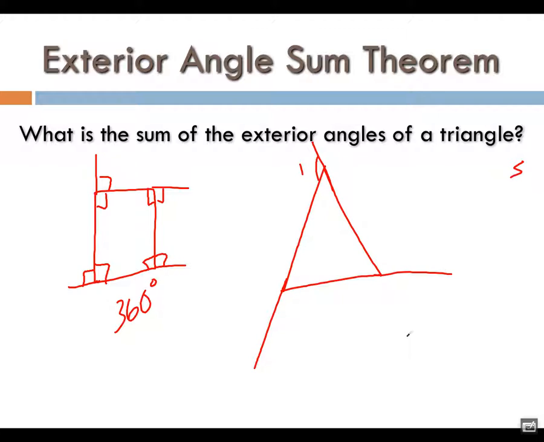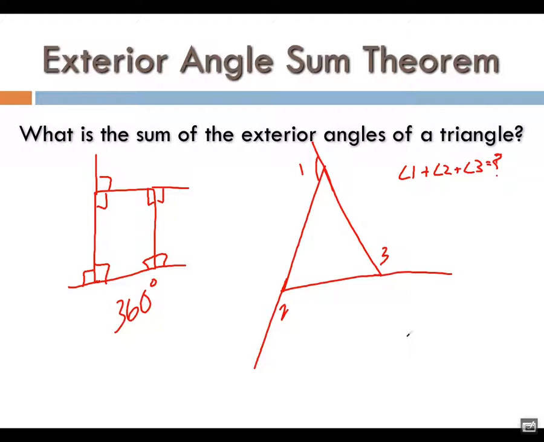Let's call that 1, let's call that 2, let's call that 3. And you're telling me that 1 plus 2 plus 3 is equal to 180? No. Why not? They're all obtuse, and two obtuse angles would be more than 180. Okay, so how do we figure out what angle 1 plus angle 2 plus angle 3 equals? We don't. Good answer. Okay, let's move on then.